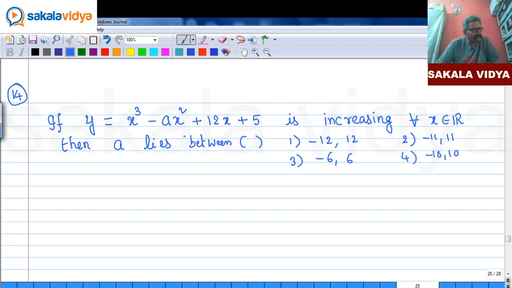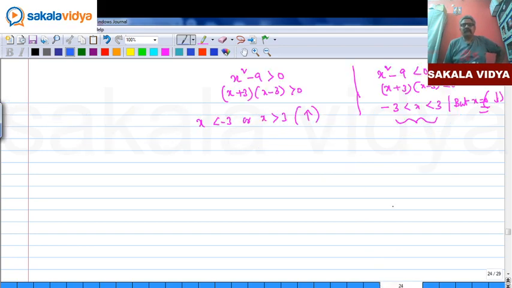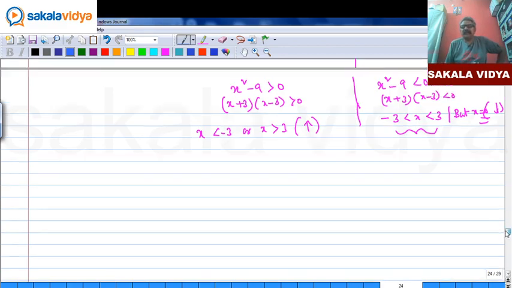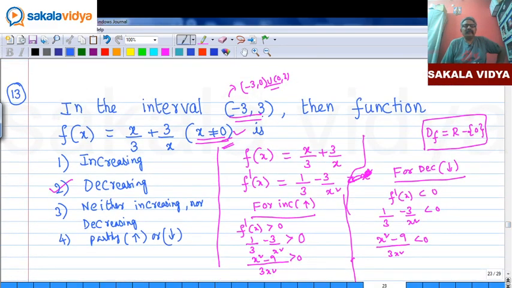This is the question. Actually, here I have done increasing and decreasing at a time. Decreasing means x lies between minus 3 comma 3, that is only asked here, decreasing.